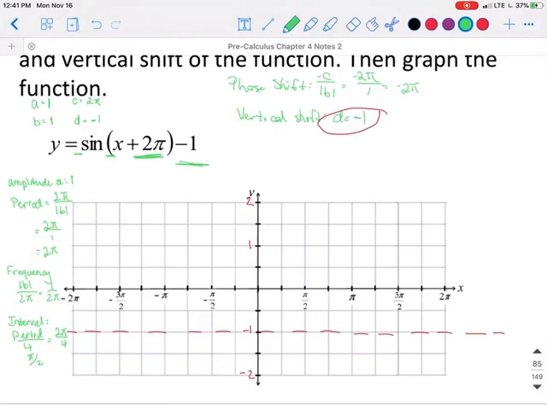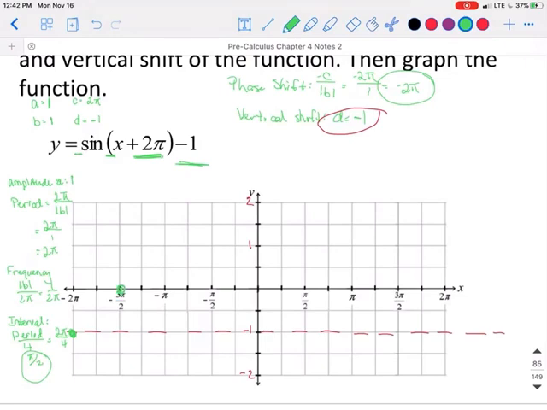Because this is sine, we would normally start at 0 on that line, but we have a phase shift of negative 2 pi. So instead of starting at 0, negative 1, we're going to start on our line at negative 2 pi. Our interval is pi over 2, so we're still changing every pi over 2.